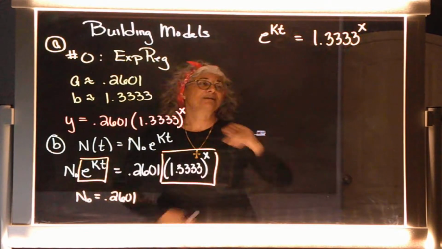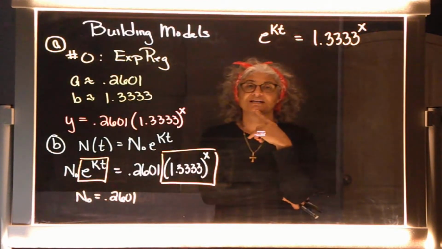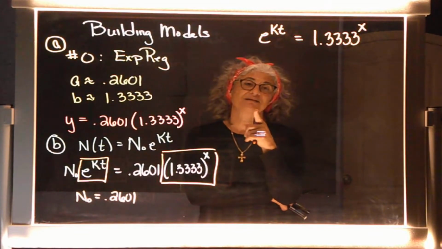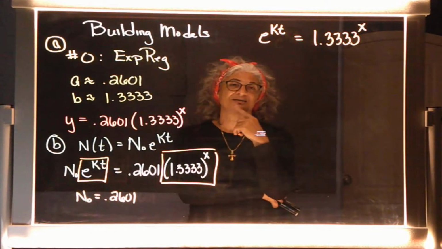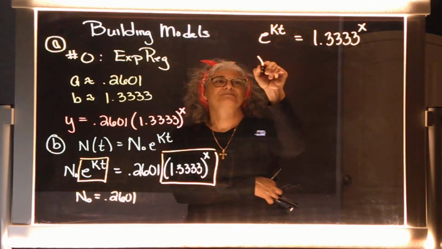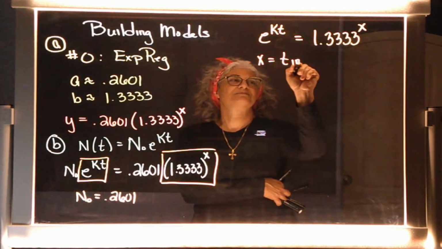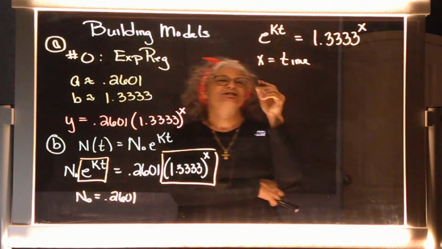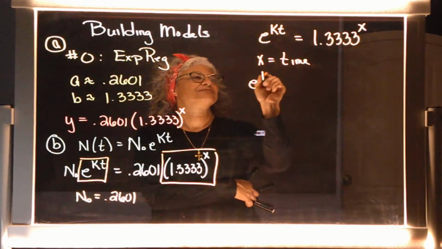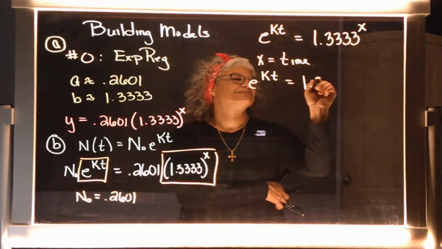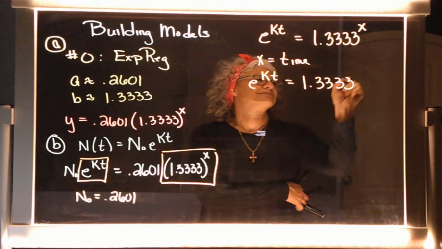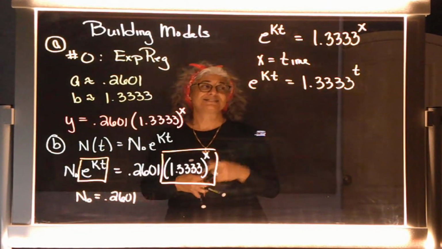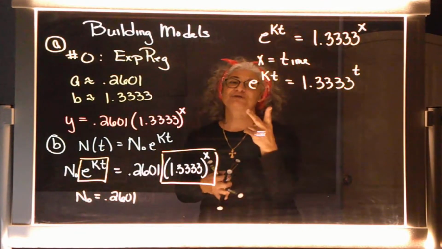And now I'm looking and I've got 3 variables in here. That's true, we do. Except they told us that x was time. So instead of writing x, we could write t. Couldn't we? And this is lovely because now I only have two variables.